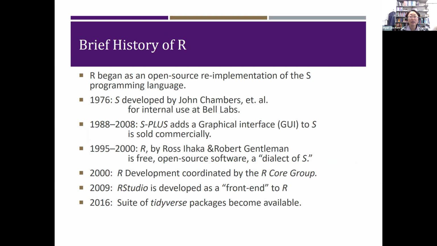The original language that R is based on is called S. S is about 40 years old and was used for internal use at Bell Labs. S+, which was a graphical interface, came along a few years later. This was proprietary software and quite costly.